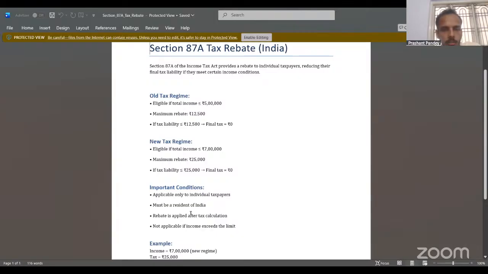Among these four, we have this one: not applicable if income exceeds this limit. So what is the limit? 5 lakh in the old regime and 7 lakh in the new regime. In the old regime, the maximum rebate limit is 12,500, whereas in the new regime, the maximum rebate limit is 25,000.